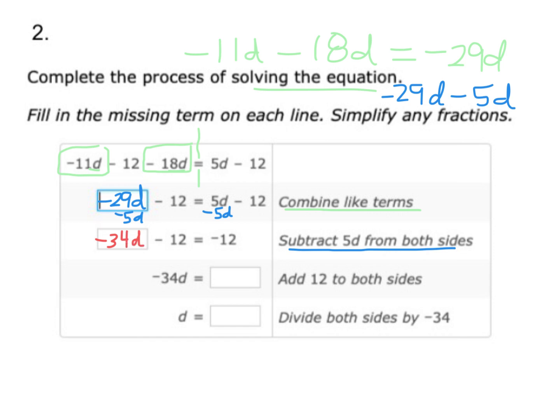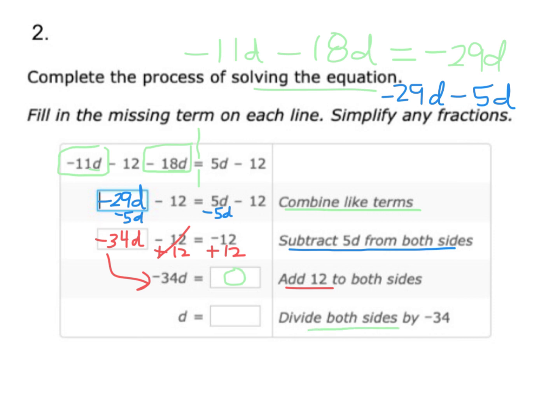Okay, so step 2 is done. Now I'm going to add 12 to both sides. So add 12, add 12. Here, negative 12 plus 12, that brings us with just negative 34D on the left. And negative 12 plus 12, oh, interesting, that becomes 0. So that is 0.